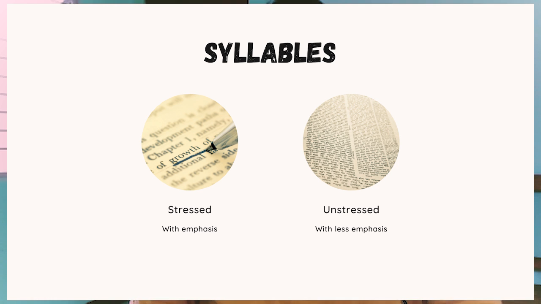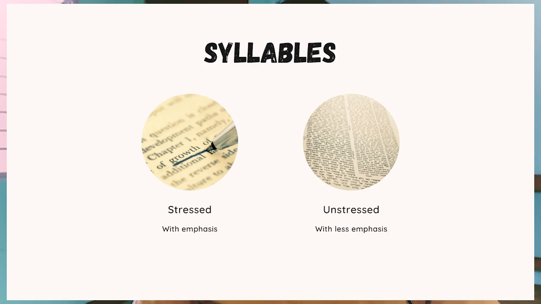And when it comes to syllables, they can be further broken down into two types, the stressed and the unstressed syllables. So what are the stressed and unstressed syllables? When you say stress, it relates to emphasis. Basically, a stressed syllable is the part of a word that you say with greater emphasis than the other syllables.